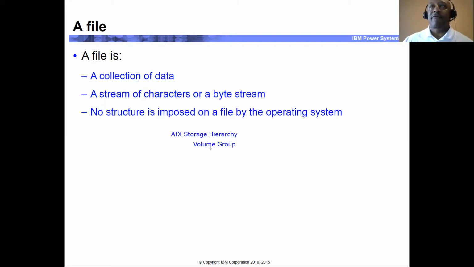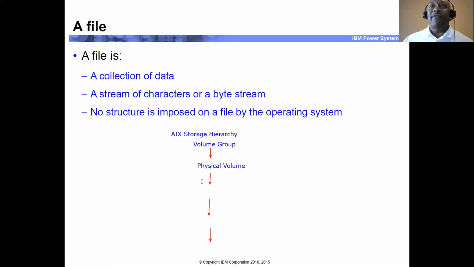So that's a volume group. I wish I could write it in between. I want to try this, okay? So a volume group is a collection of one or more physical volumes. And again, that next layer will be physical volumes, or disk, if you will. Okay, one or more in a volume group.